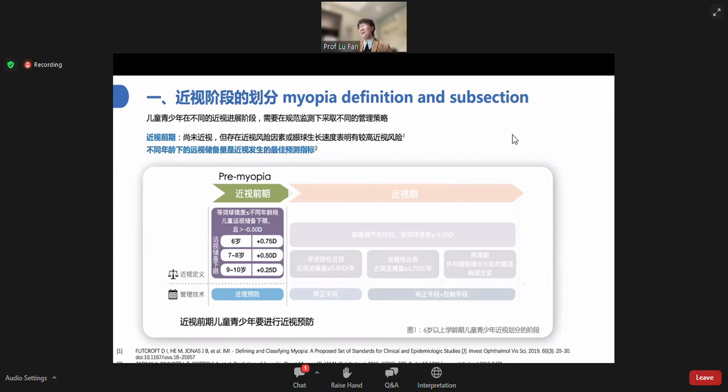For example, this is a part of a white paper about myopia management, which we developed and published recently. We quoted pre-myopia in this and modified it with age, expressed in a very easy to understand way.